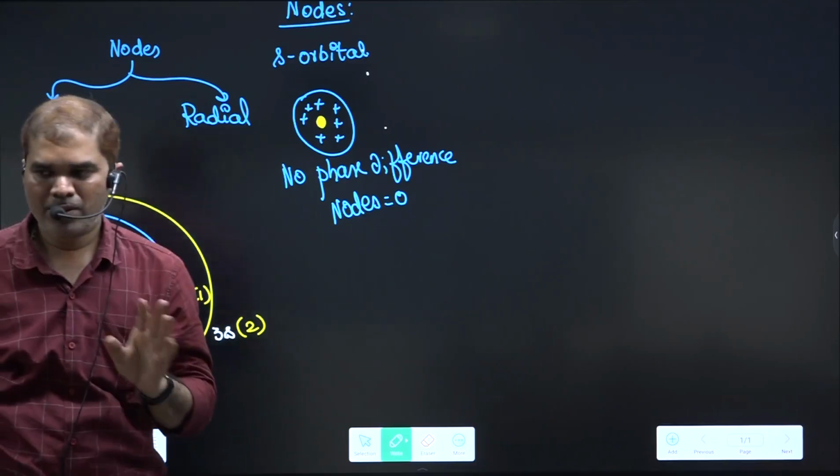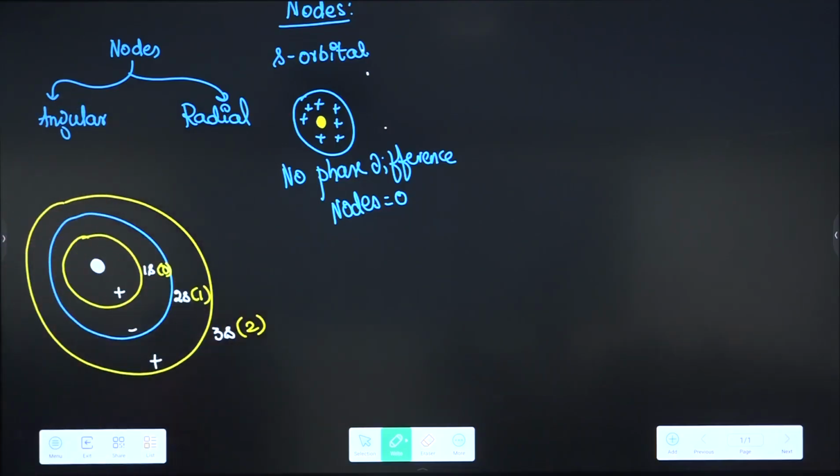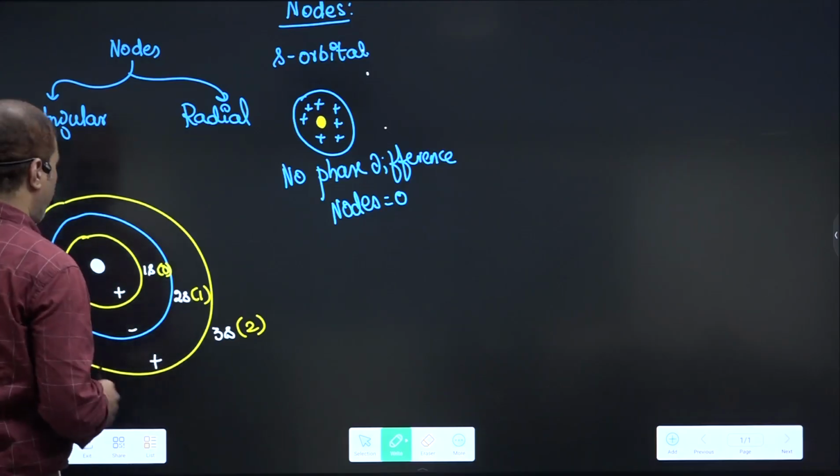Likewise for p orbitals also we can write, but we don't draw. There are 3 p orbitals. It will become difficult for me to draw. I can just show it for only one orbital. For p orbital, how many angular nodes?